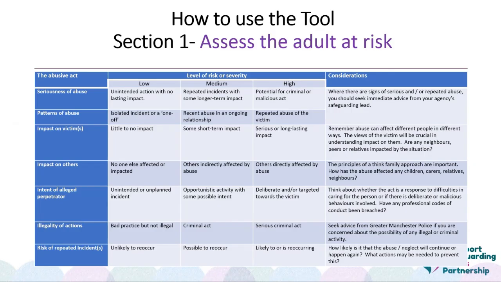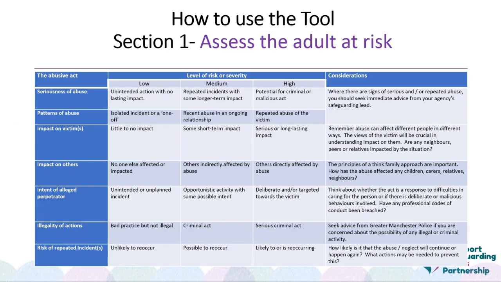Is there any intent of that alleged perpetrator? Is there any illegality? And is there a risk of repeated incident? For each of those areas of concern, you can see the tool here splits out into low, medium, or high risk. And there are some considerations to think about when you are assessing that level of risk the adult is facing.